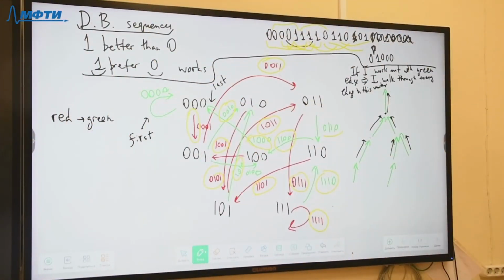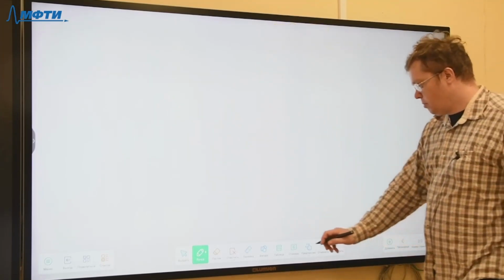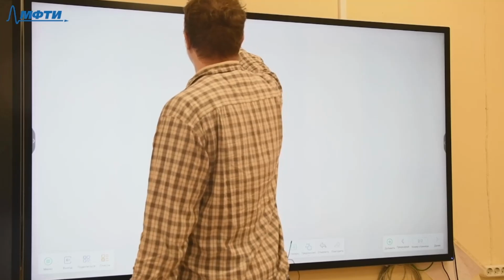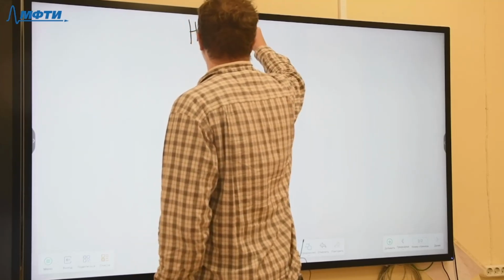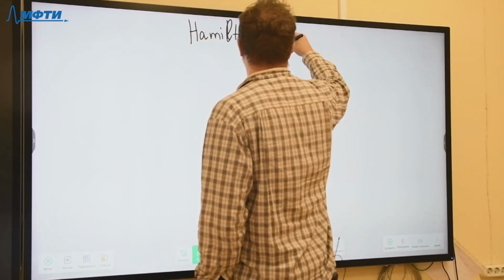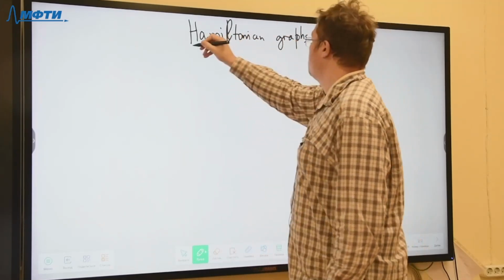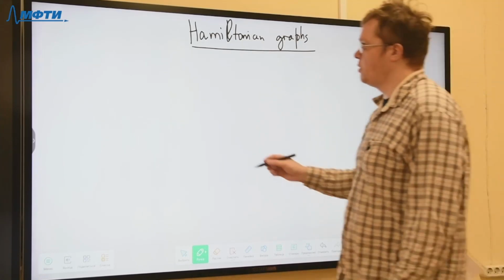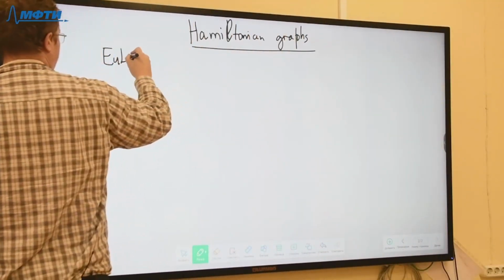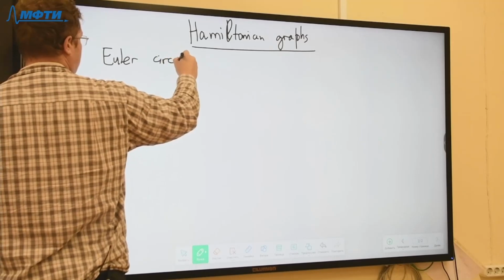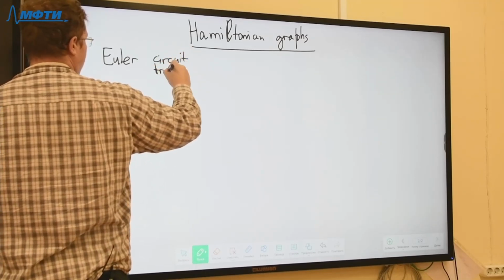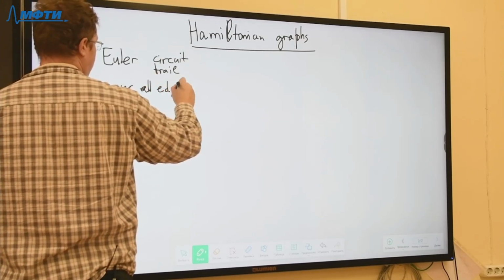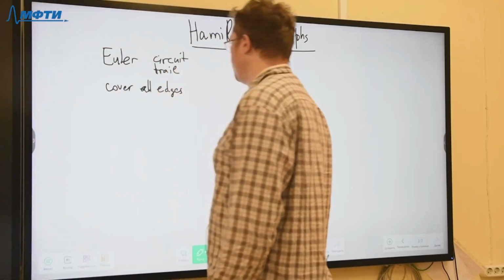Okay, let's continue, and our next topic will be Hamiltonian graphs. It's a similar topic to the Euler graphs, but when we're talking about an Euler circuit or trail, we want to cover all edges within our route.